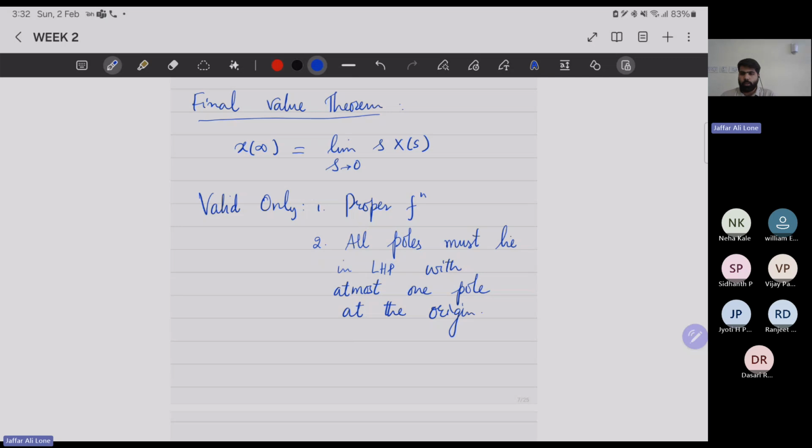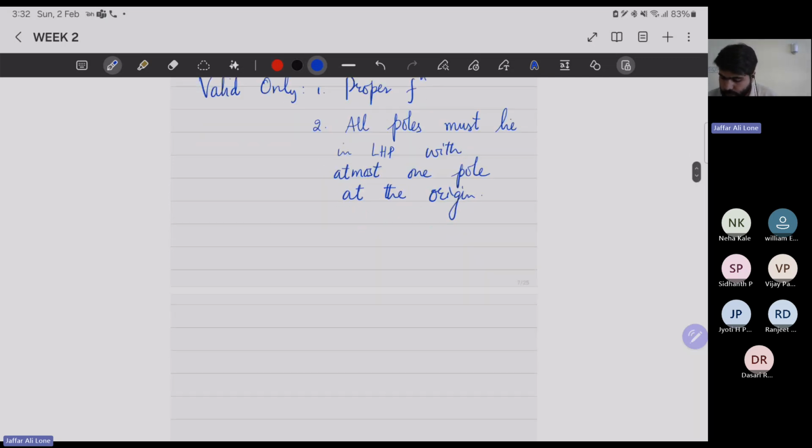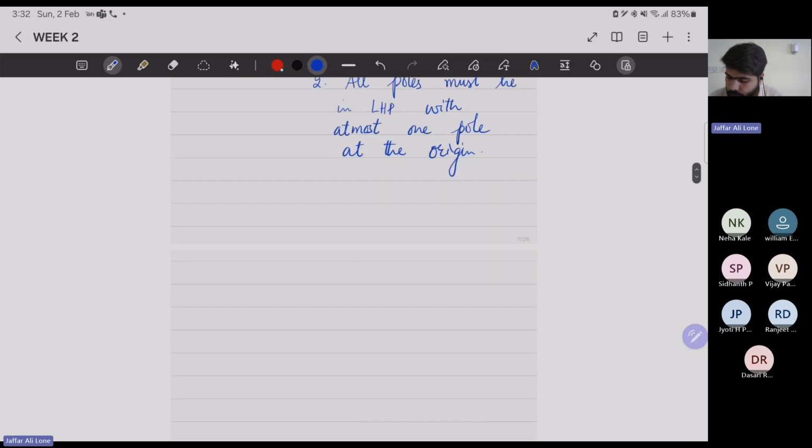If we have two poles at the origin or on the imaginary axis, then we cannot apply this final value theorem. But again, that doesn't mean that we cannot find the final value. We can still find it, but in that case, the function will be unbounded and it will be going to infinity.